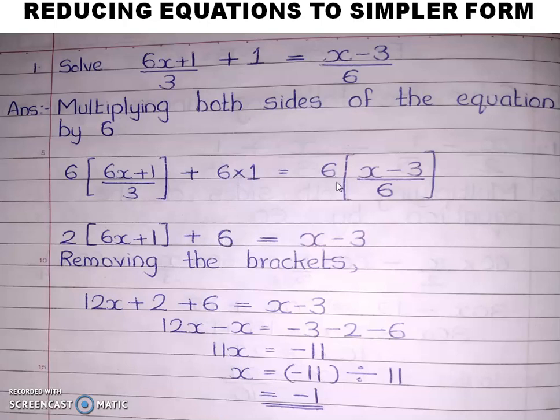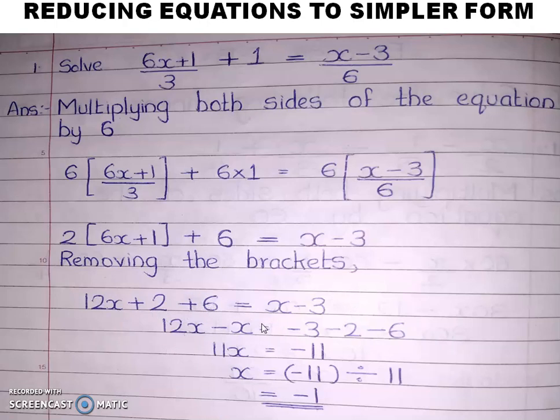That is 6 into 1 is equal to 6. Now, here what happens? 6 divided by 6 is 1. So, I don't need to write it here. Now, removing the brackets. 2 into 6x, 12x. 2 into 1, 2 plus 6 equal to x minus 3. 12x and this x comes here. 2 plus 6 goes to the other side.